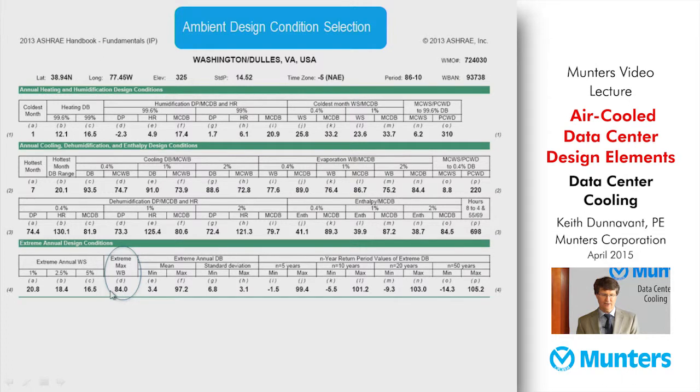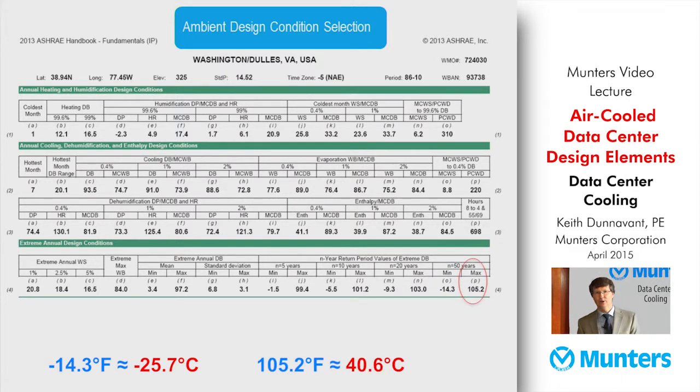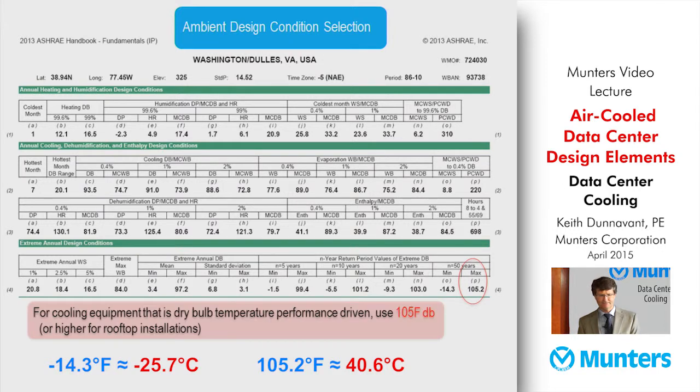So the first thing we're looking at here is the extreme max wet bulb. That's one parameter of interest. We also want to look at the 50-year extreme, both minimum temperatures, which in this case is minus 14.3 Fahrenheit, and maximum, 105.2 Fahrenheit.